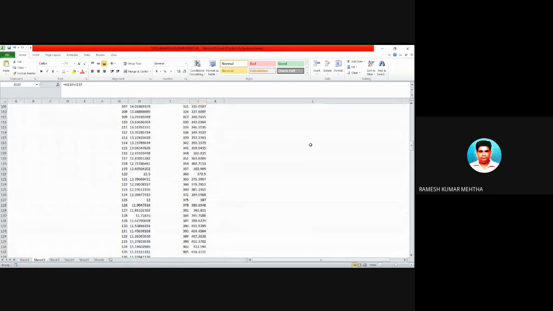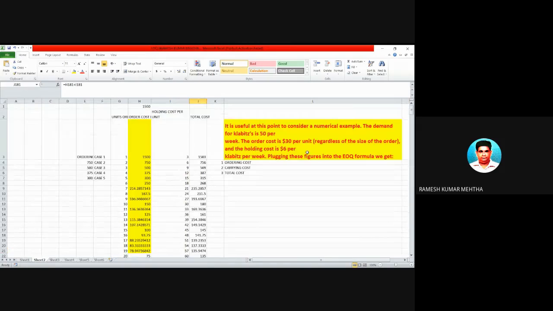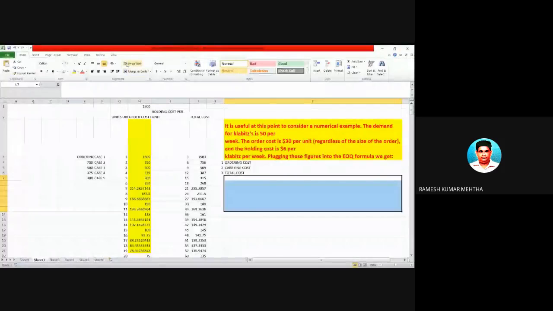Now you have to find out the economic order quantity from the given data. So I will just apply the formula. Just pay attention.